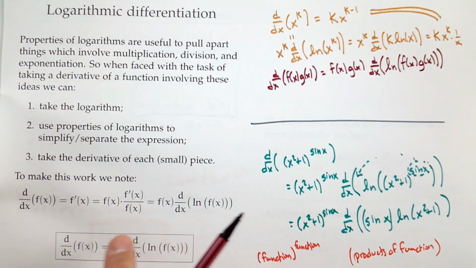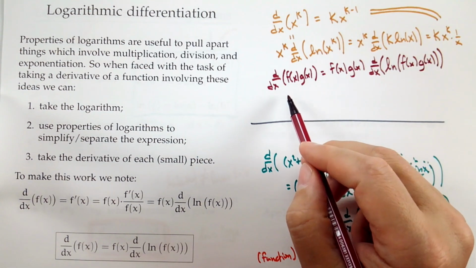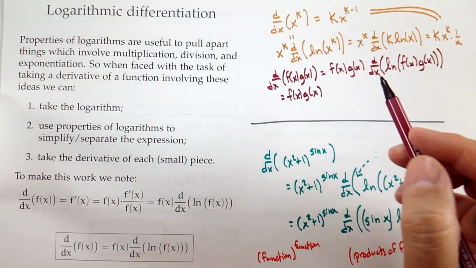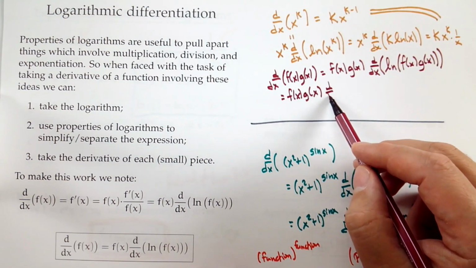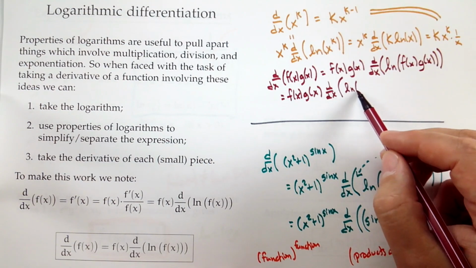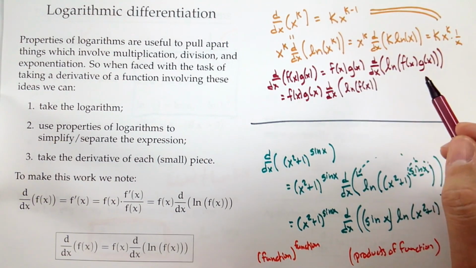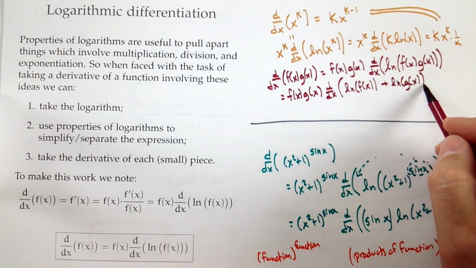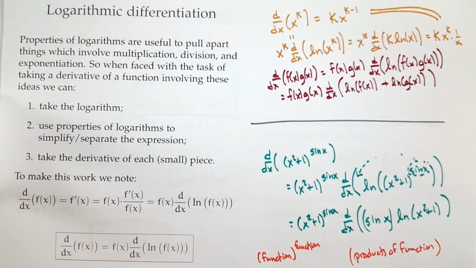I'm just applying the rule. Now, let's use properties of logs. Properties of log says, I have a product that becomes addition. So that's f of x, g of x times the derivative of the sum, and I haven't taken my derivative. In fact, oftentimes, most of the work with logarithmic differentiation is simplifying the expressions involving the logarithm, way before any derivative happens.